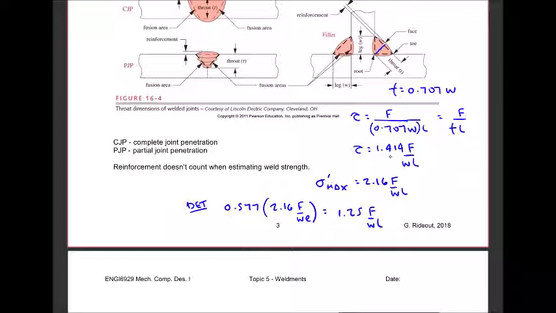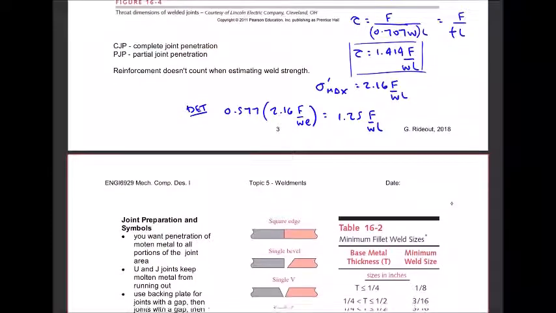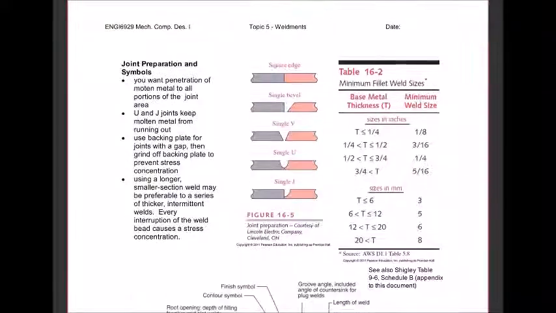We're going to use 1.414 F over WL for the shear stress. So the 1.414 is a little higher than the 1.25, so we have some conservatism in there. We're going to come back to that. Just keep in mind the weld throat is the shear plane, and we're going to treat everything as a shear stress.